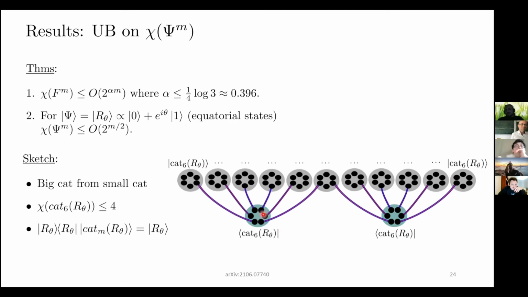Here you notice that instead of using the cat 2s, we have to use cat 6s to glue cat 6s together, because that was better than using the cat 2s. Because of the changes for R theta, the cat 2s had a higher rank than 1, and that made it not worthwhile using them. Again, we can go from the cat of these equatorial states to the equatorial states themselves by projecting one qubit onto the equatorial state.